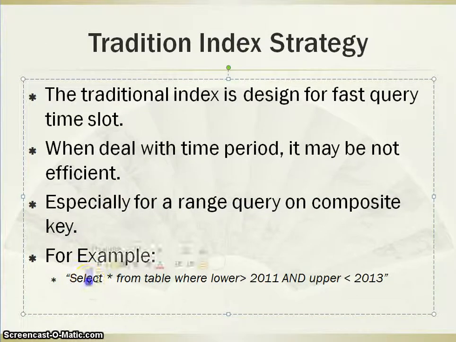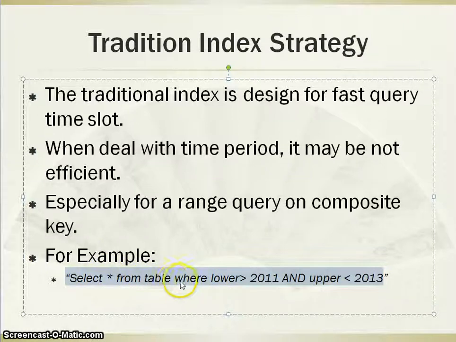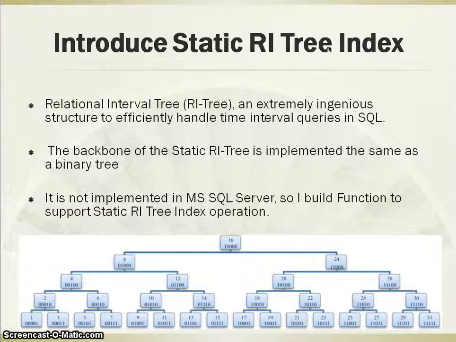For example, now I do this query. Select all the records from the table where the lower time is more than some time and the up time is less than some time. There will be a problem. Okay, now I introduce a new index, the static RI tree.